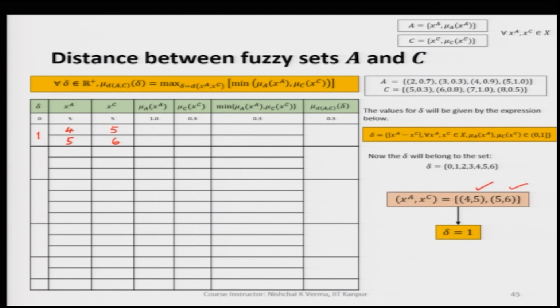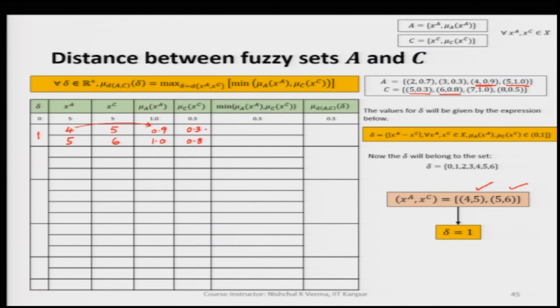Then we will find the corresponding membership values. The membership value corresponding to 4 is 0.9, and corresponding to 5 we have 0.3. Similarly, for 5, 6, corresponding to 5 we have membership value 1, and corresponding to 6 we have 0.8.